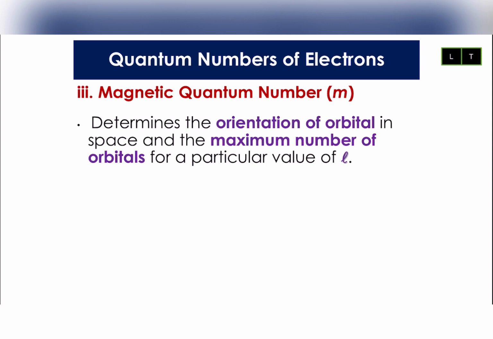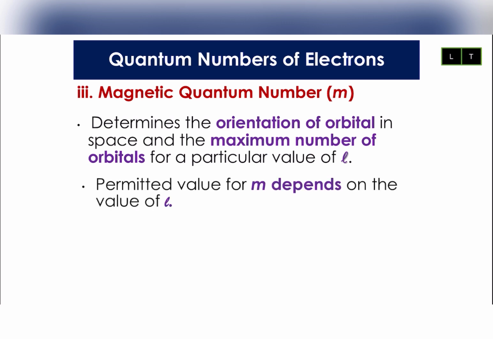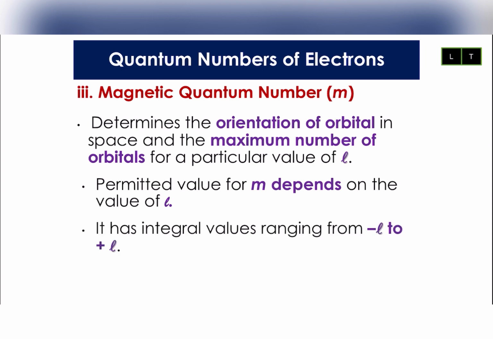So now for magnetic quantum number, M depends on the value for L. So you have to know how to determine the value for M, where usually M can be from negative L until positive L. So this is to show the orientation of orbital.